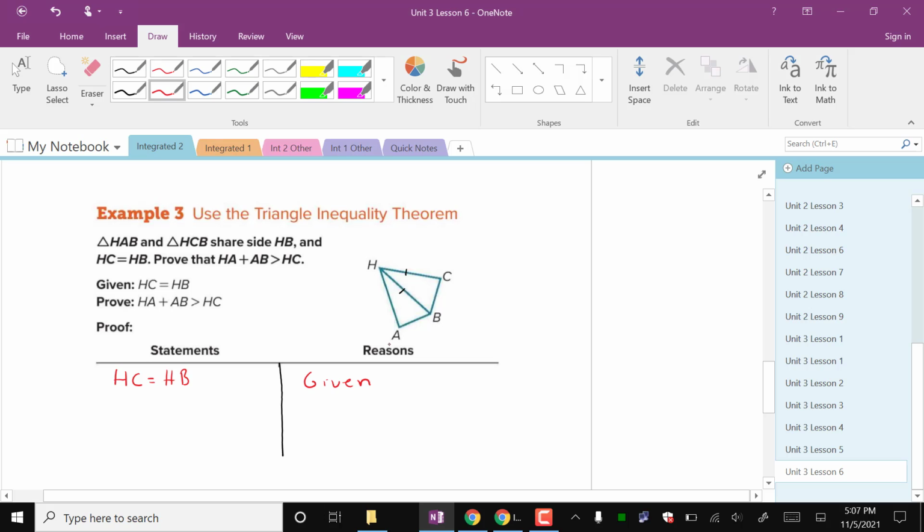So if we look at this, we have that HA plus AB is going to be greater than HB. Again, HA plus AB is going to be greater than HB because we know that by the triangle inequality theorem, this is true. So the reason here is the triangle inequality theorem.